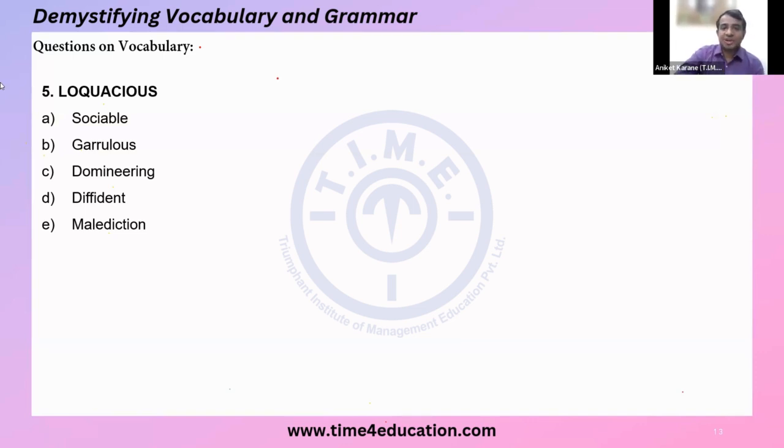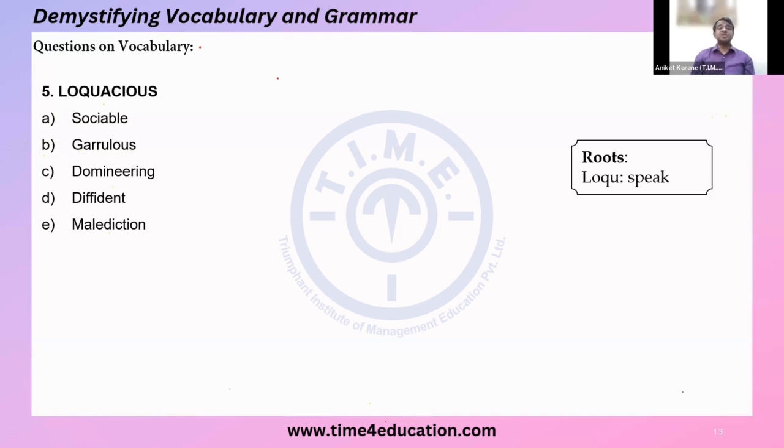Okay, so loquacious, the root is loku. Loku means to speak. So loquacious means someone who speaks a lot. So if he's speaking a lot, what would be the answer? Most of you marked sociable, but sociable is a person who is very friendly with others.